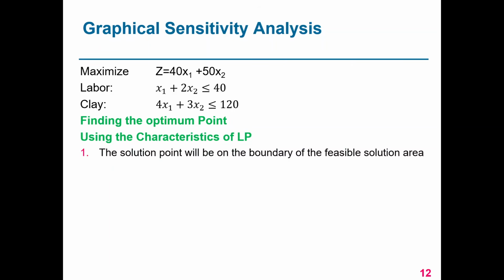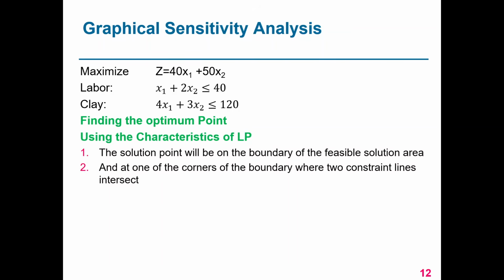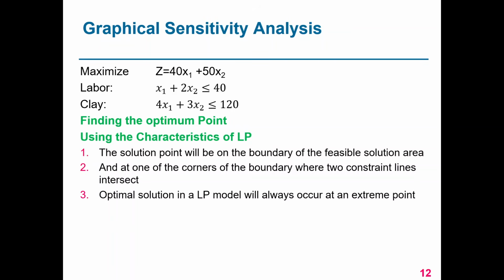These characteristics tell us that instead of looking at all the space in the feasible region, we should look for the points that are on the boundary of the feasible solution area, and this narrows down our search. And the second point is that the optimum point will be at the intersection of the two constraints, and the optimum point will lie on the extreme points.